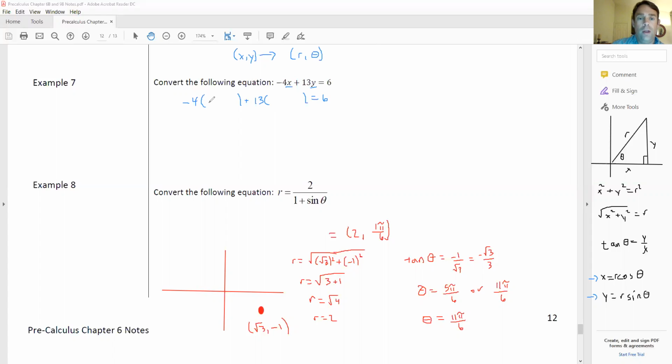So x was r cosine theta, and y is r sine theta. So in other words, we're going to factor out the r here. So I have r times negative 4 cosine theta plus 13 sine theta. So we factor the r out of it.